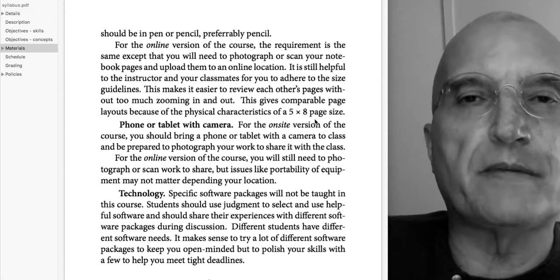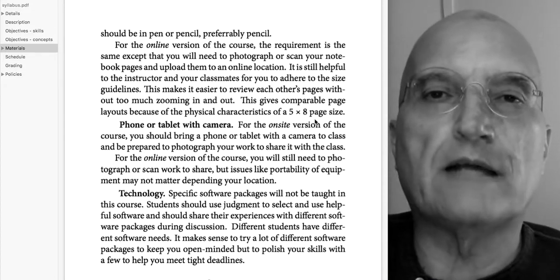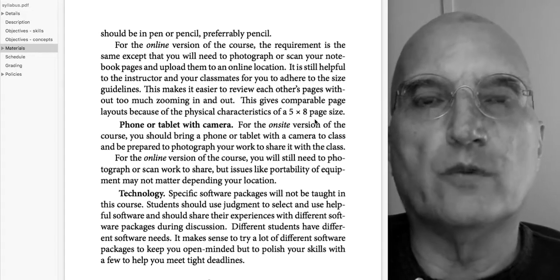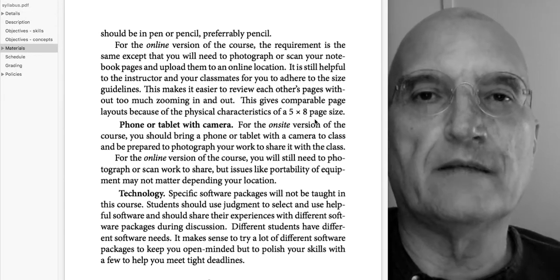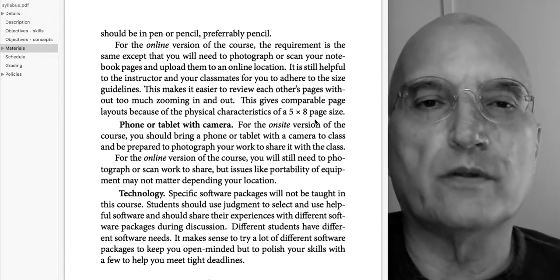By the way, you should expect everything that you turn in to be visible to your classmates as well as to me. Don't turn anything in that you don't want your classmates to see.